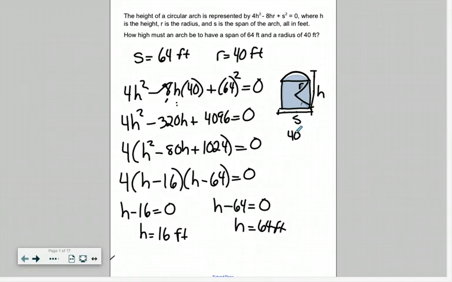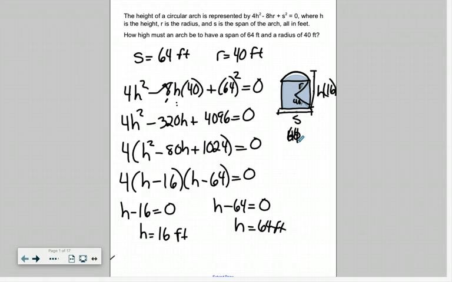So if this is 40, and then we're saying that the height is 16, right, here, and we're saying that the radius has been given to us as 40, the span was 64. So the span was 64, radius 40. There's no way that that height is actually going to be able to work out to be 16.